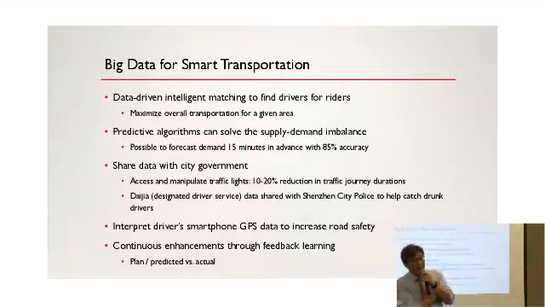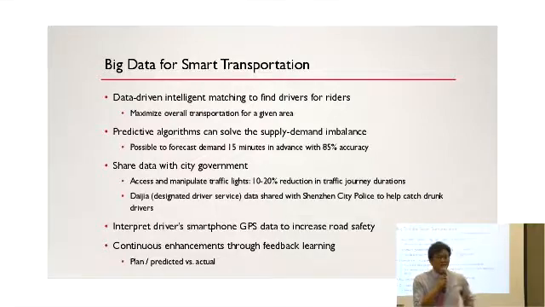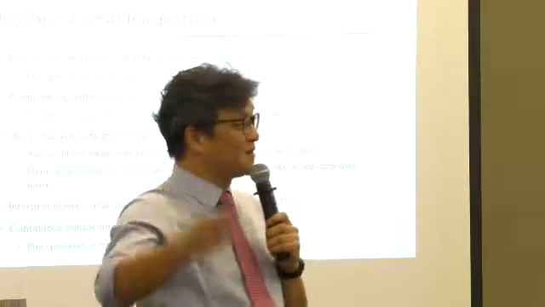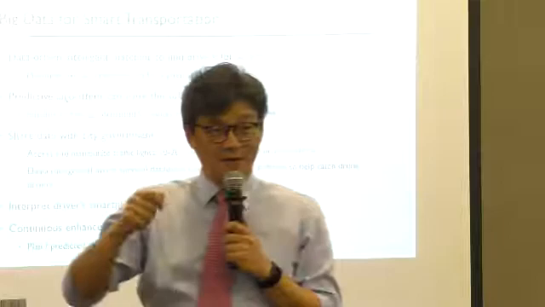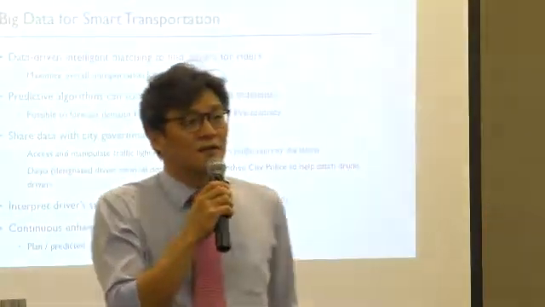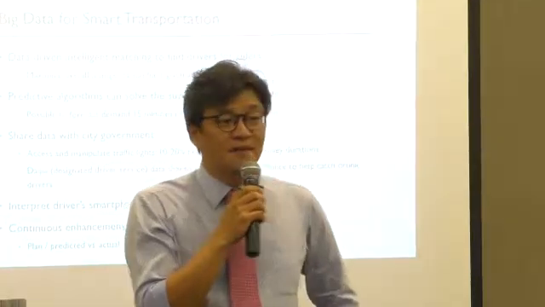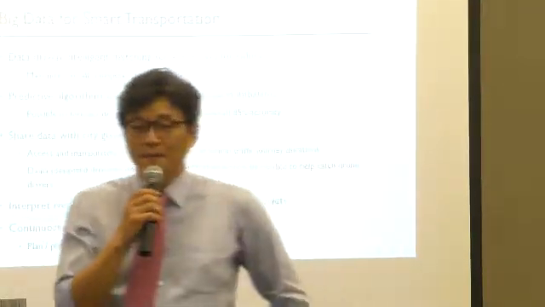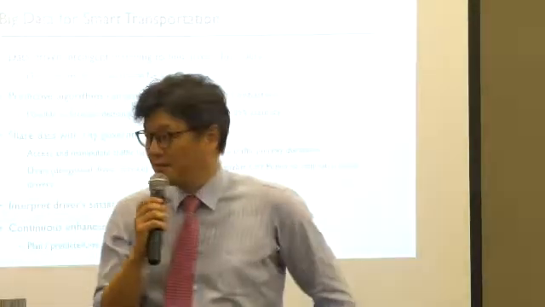Okay, one of the additional things that they have done is to use the historical ride-hailing data, so when people hail, when the cars accept, how long it takes for the cars to get there, how long it takes for the cars to get to the destination, all this data to create forecasting models about the hailing demand.